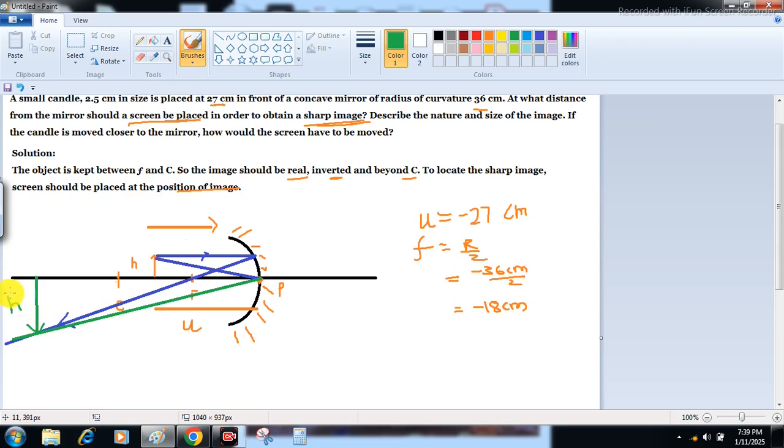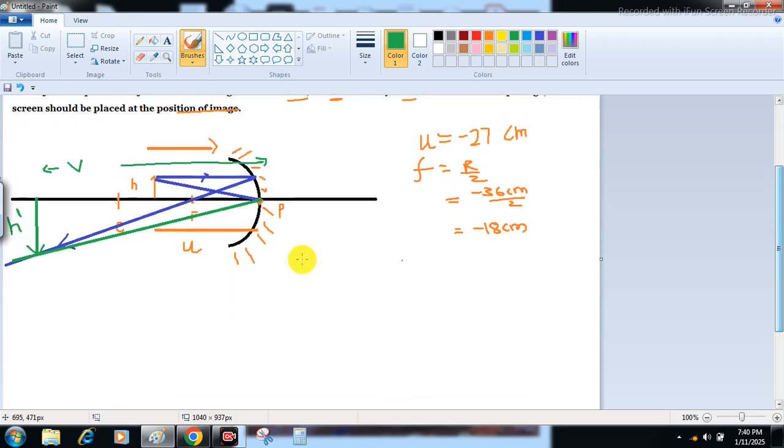The image height is denoted by h dash, and this is the image distance v. Use the mirror equation to get the value, that is 1 by u plus 1 by v equal to 1 by f.